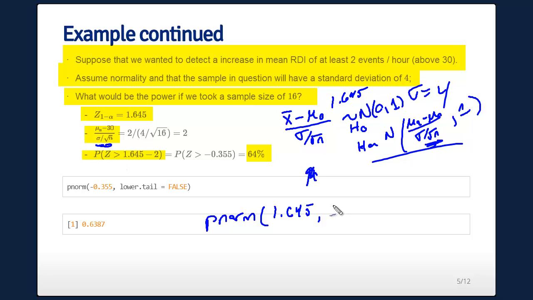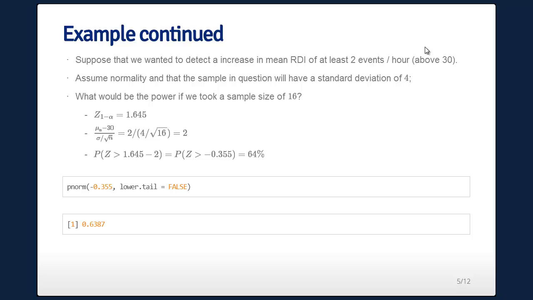It works out to be 2 under the hypothesis that the mean equals 2 and the standard deviation equals 1. And I think what you'll find, of course, is that it works out to be the same number. But remember that you need to have lower.tail specified to be false, so you make sure you get the right direction.